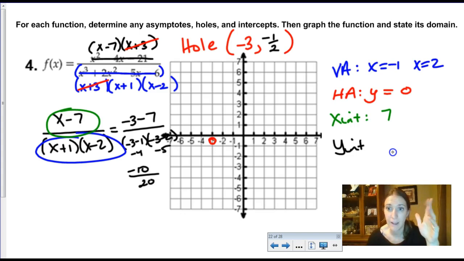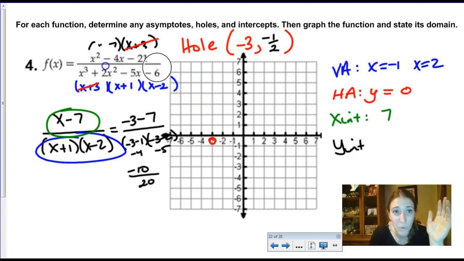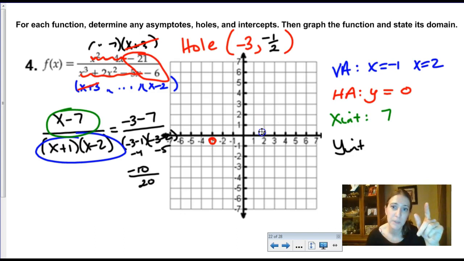It doesn't matter, again, whether you go to the reduced version or not, but it's actually easier if you just go way up to the original and cross off everything that has x's, and then you just look at the constant part that's left. So -21 over -6 is positive 7/2. That doesn't feel right. Yeah, it is 7/2, which is 3.5.